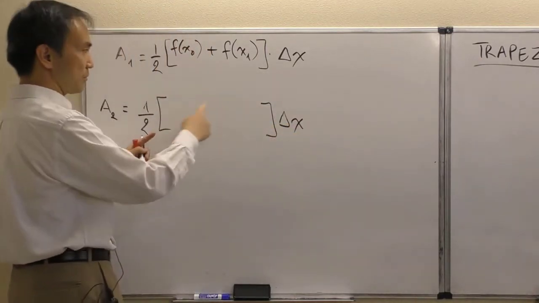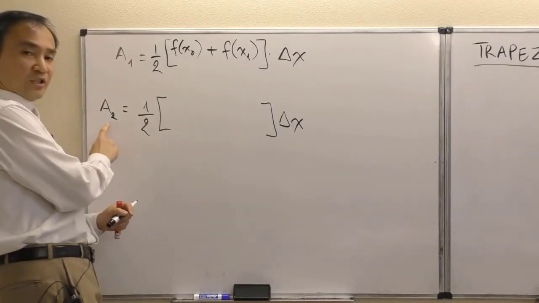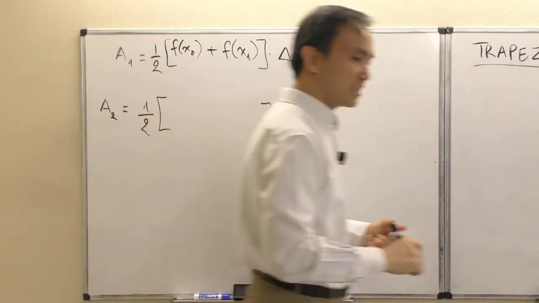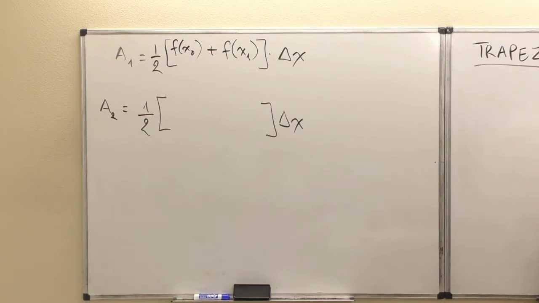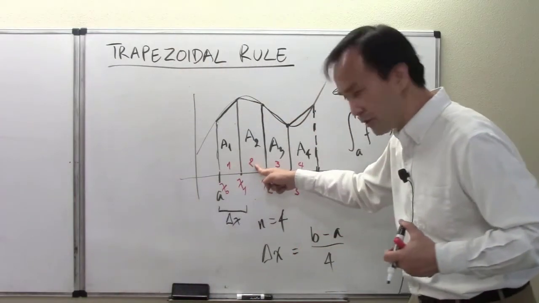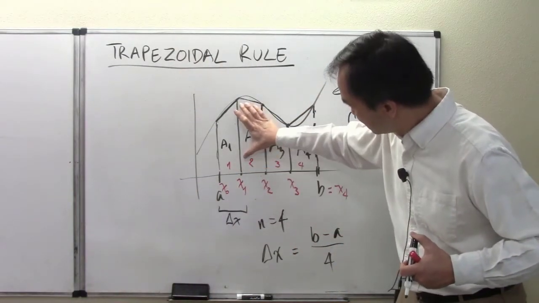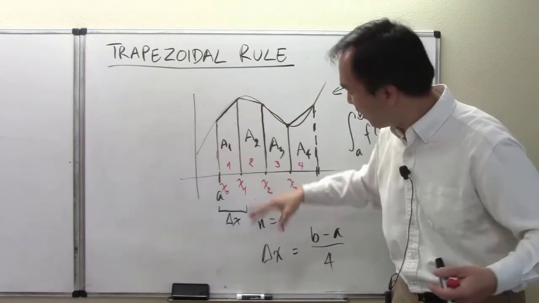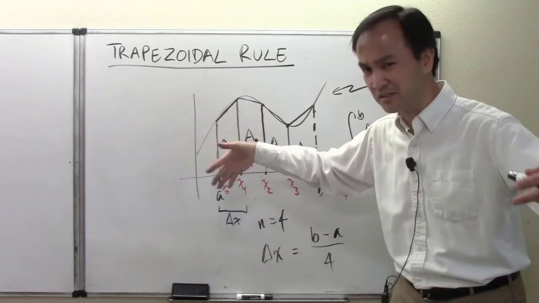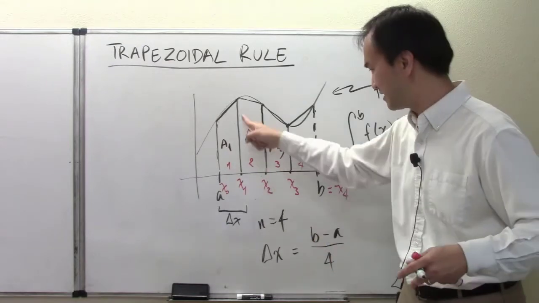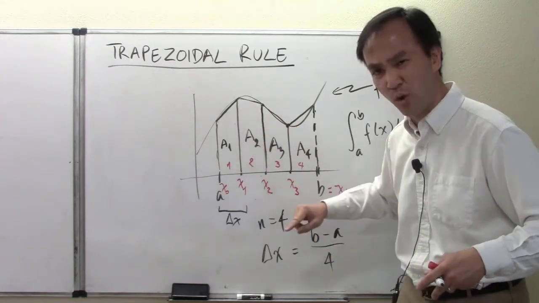But let's find out what base 1 and base 2 of trapezoid number 2 are. For trapezoid number 2, it's here. Base 1, let's say on the left hand side is base 1, but it doesn't matter, you can call that base 2 or that base 1 for area 2.